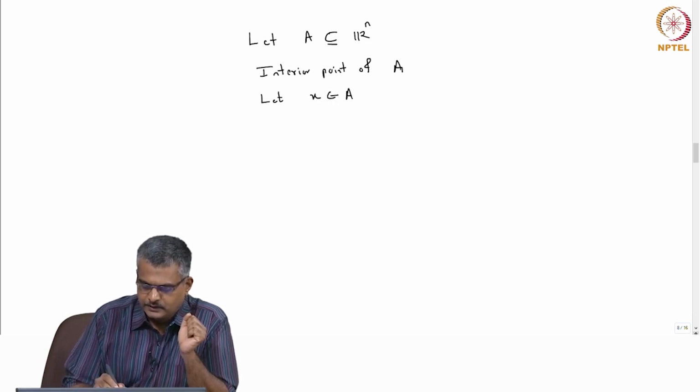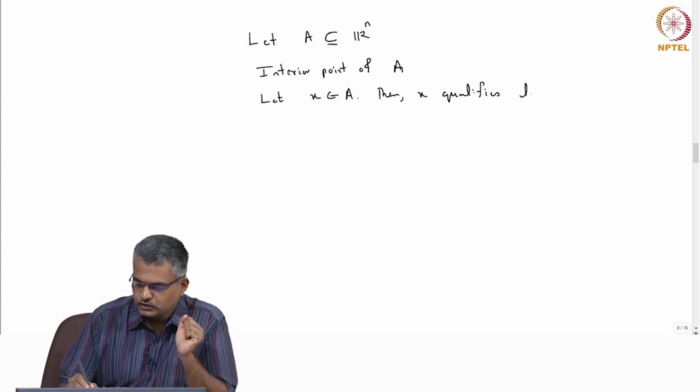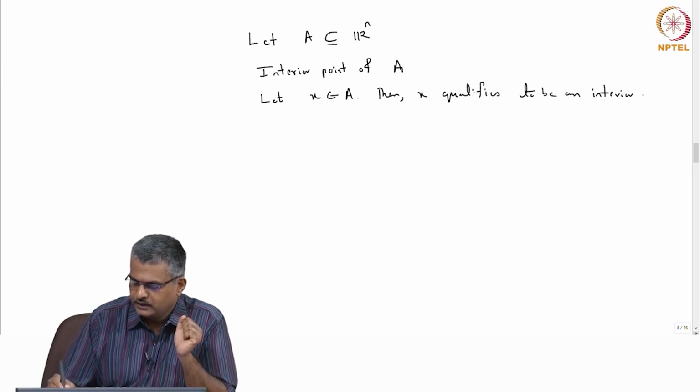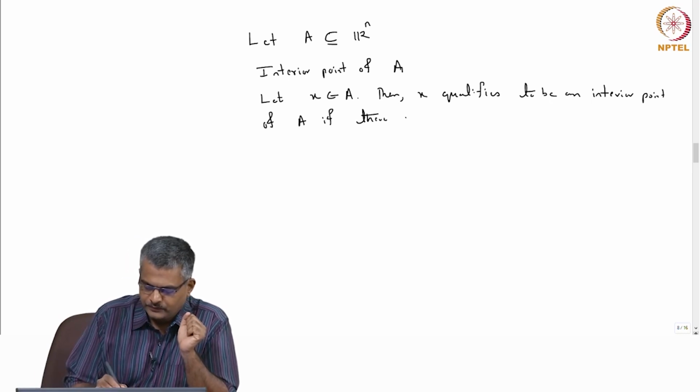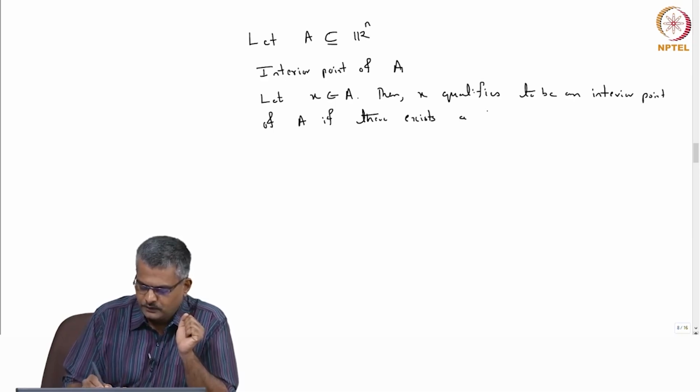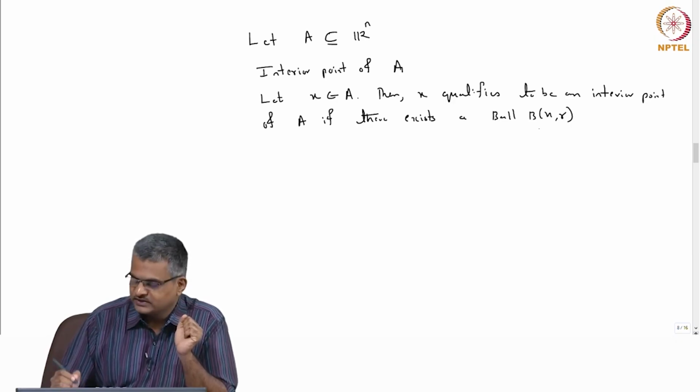Let x belong to A. Then x qualifies to be an interior point of A if there exists a ball with center x and some radius.